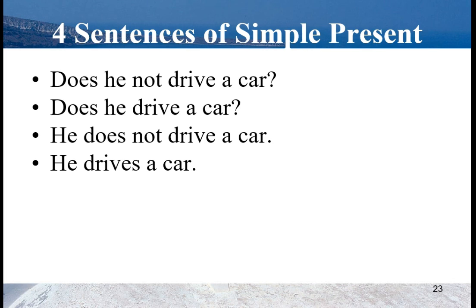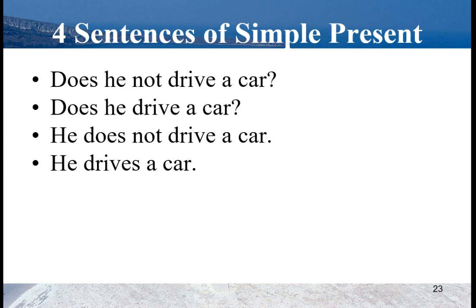Now, the same sentence will be shifted to the next. He drove a car, he did not drive a car, did he drive a car, did he not drive a car. He will drive a car, he will not drive a car, will he drive a car, will he not drive a car.